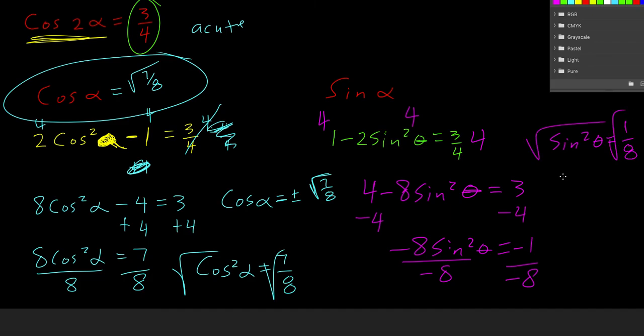Square root. So sine, I'm using theta, but it should be alpha. I'm sorry, I just realized that. Plus or minus square root of 1/8. Okay, once again, it's acute, so we're just going to use the positive one. So the final answer is square root of 1/8.